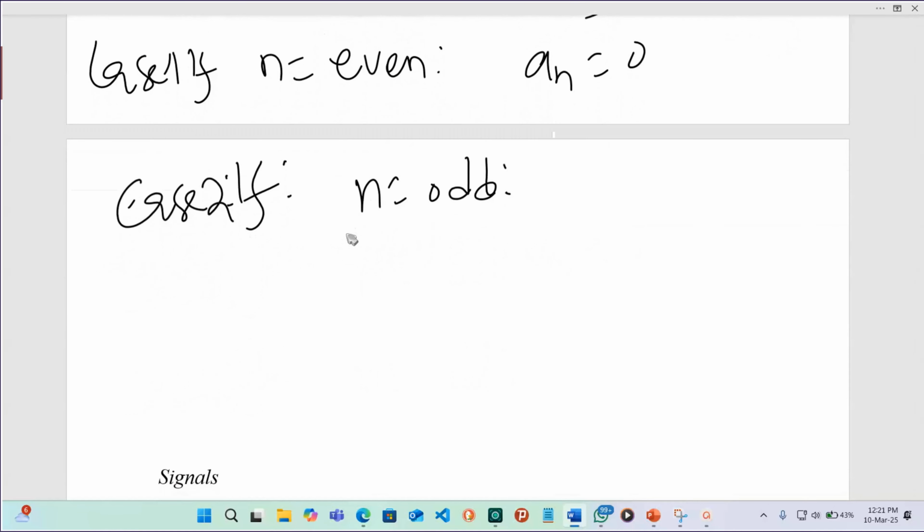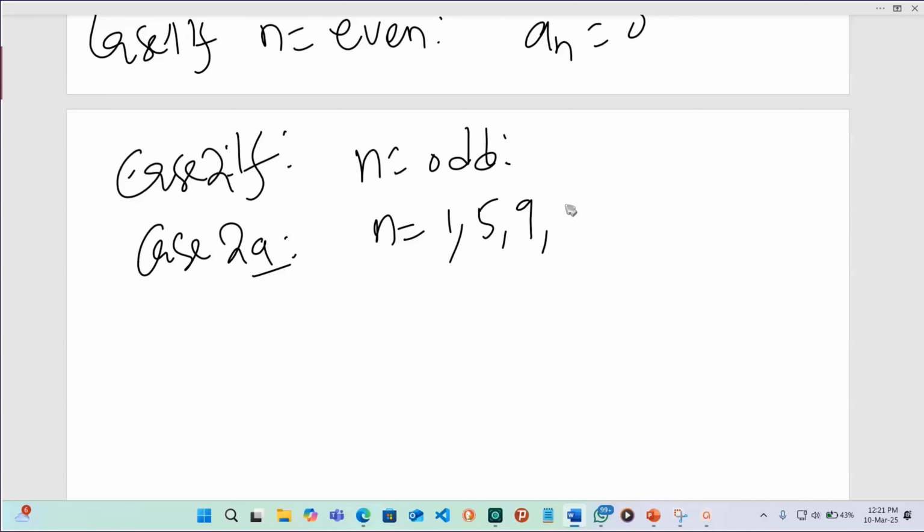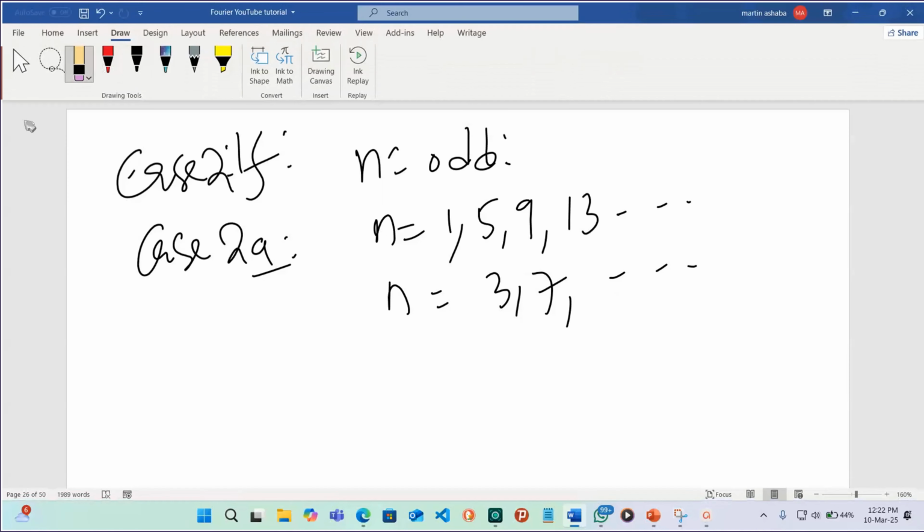You realize that for case 2a, if n is equal to 1, 5, 9, 13, and then n equal to 3, 7, and so on. But we can first test and see.